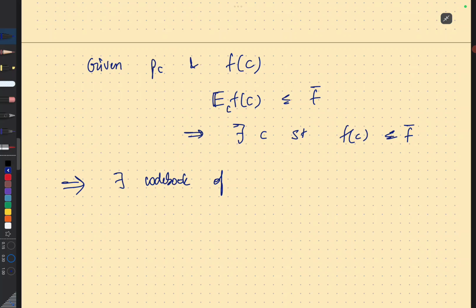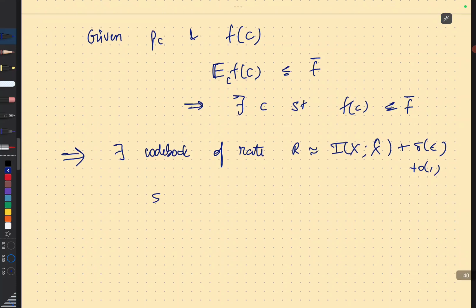So there exists a code book of rate R, which is arbitrarily close to the mutual information between x and x hat plus delta of epsilon plus little o of 1, such that the expected value of the distortion is less than or equal to d.